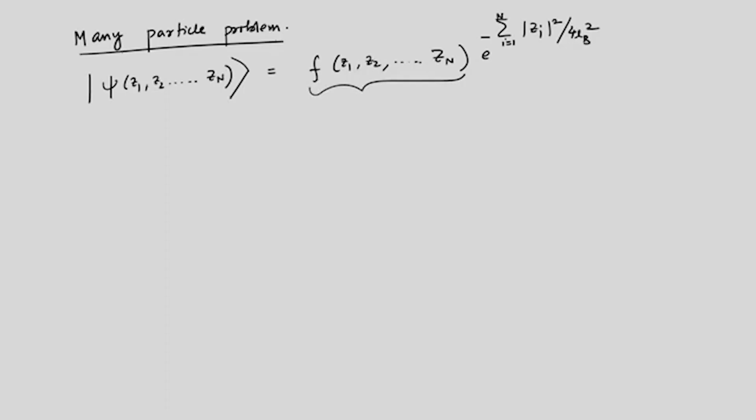which has to take care of a few things, one of them being the Pauli exclusion principle. That is, if z1 and z2 are the same, then this factor will have to go to 0, which means that if there are two particles at the same complex plane coordinate, then of course it has to go to 0.